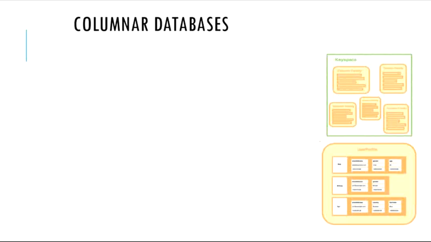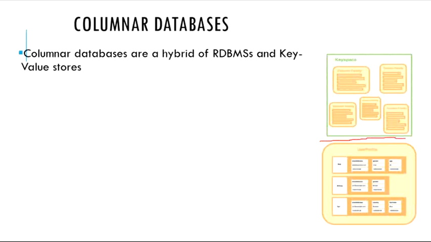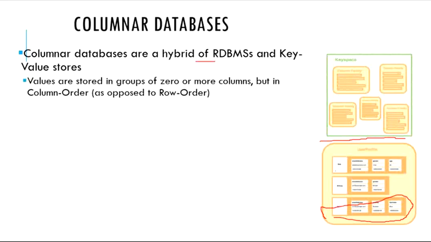Next, we have columnar databases. Just as in relational databases, we have row-like structures, columnar databases allow us to store data in column-like structures. These are the hybrids of RDBMS and key value stores. So this takes the benefits of both a typical or traditional RDBMS and these key value stores that we have.